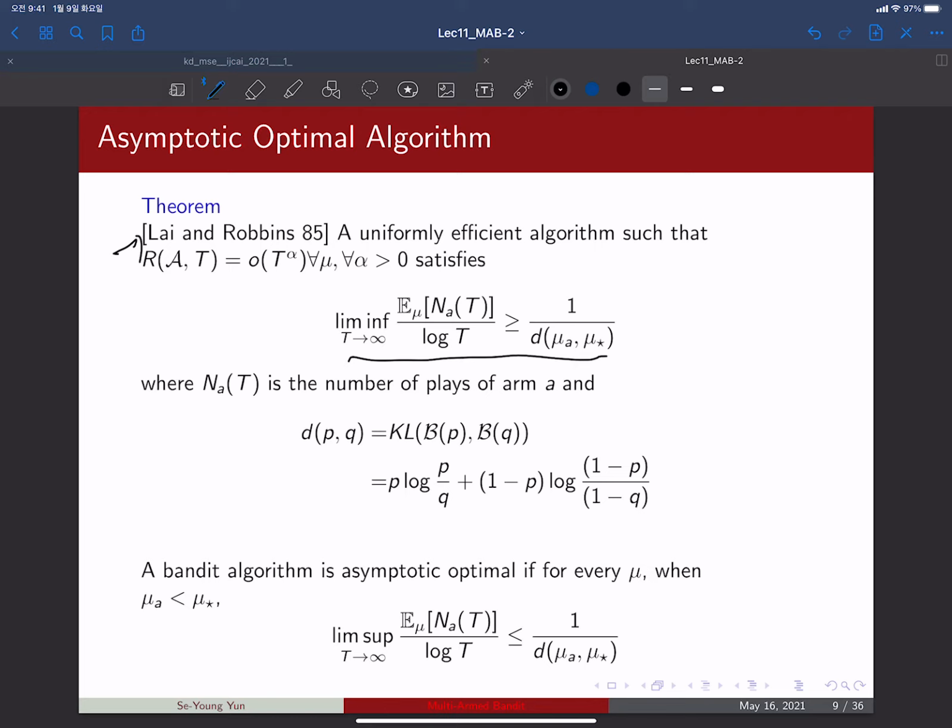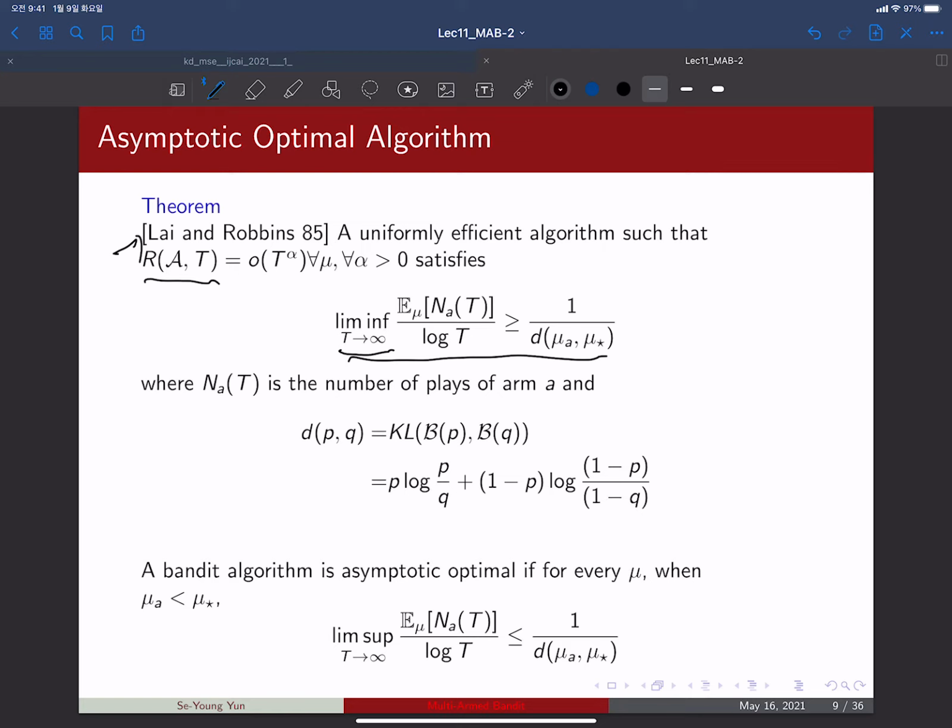So Lai and Robbins' result is this: for a uniformly efficient algorithm, such that the regret is little-o of T to the alpha for all mu, then for all arms we satisfy this: the lim inf as capital T goes to infinity of the expected number of plays of arm A over log T is greater than or equal to 1 over the divergence between mu_A and mu star.